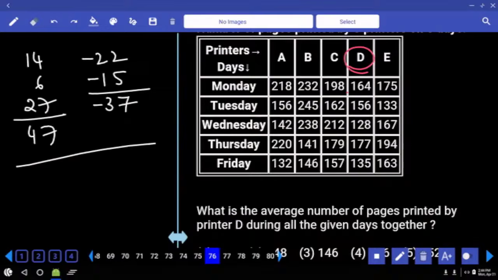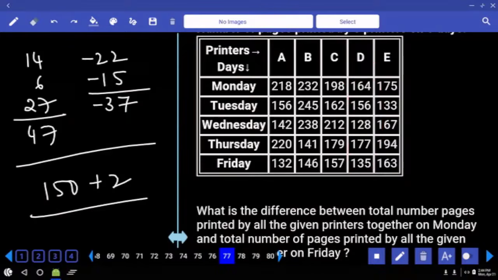When you take total, you are left with 10, correct? But now 10 must be equally distributed among how many numbers? 5 numbers. So each gets 2. Already 150 was our benchmark. Now each is getting 2 more. That's it. Understood? Otherwise add everything and divide by 5.